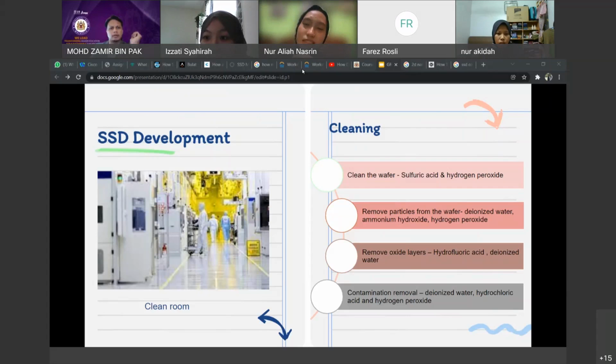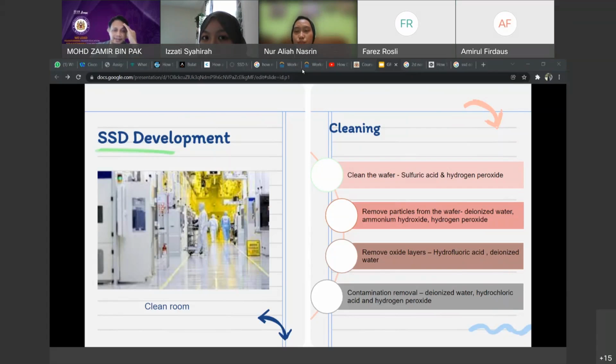Okay, all right. So later on, I want you to share what is the structure of a typical SSD? How does it look like at transistor level? Is it looking like MOSFET or is it looking like a FinFET? Is it looking like some other forms of transistors? Do you guys have any ideas on how big is the dimension of the transistor in this case? So we've been learning about 22 nanometers, 7, 5, 3.